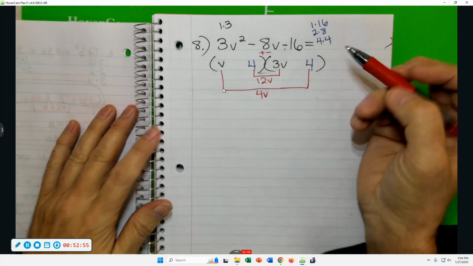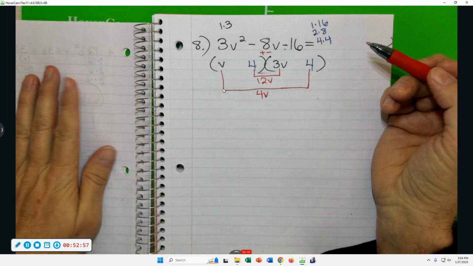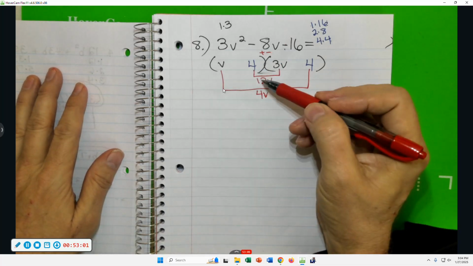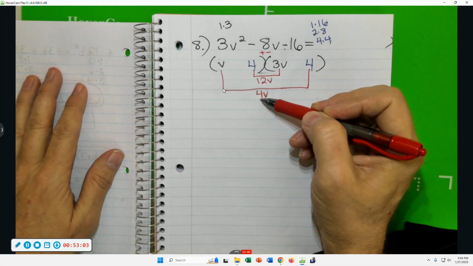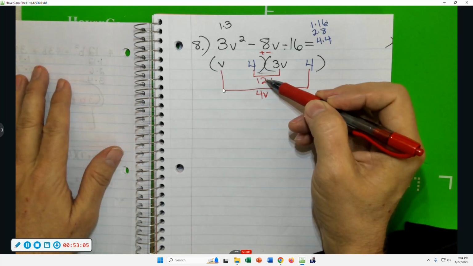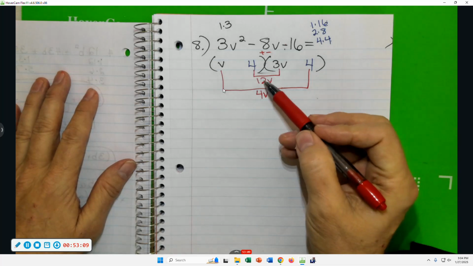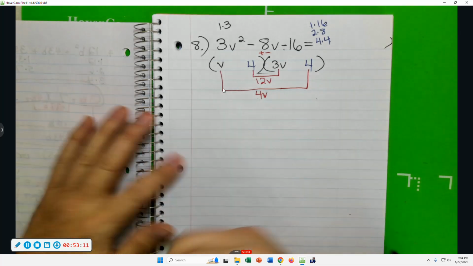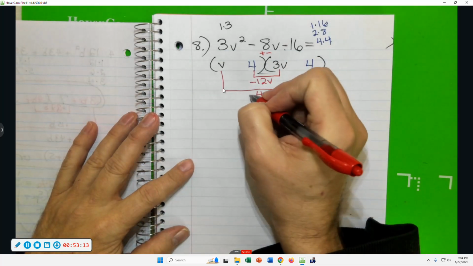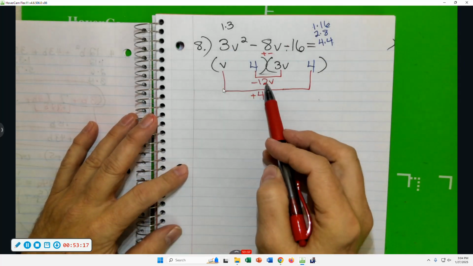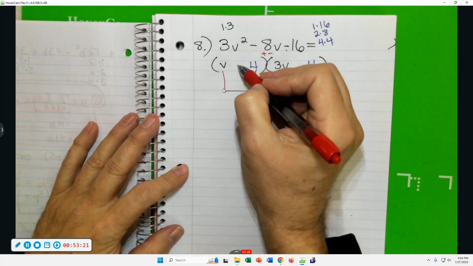Here's the factorization, except we have to figure out the signs. We want a negative 8v. So do we want a negative 12v plus 4, or a positive 12 plus a negative 4? Which one of these should be negative, 12 or 4? 12. 12 should be negative, and the 4 should be positive. To get a negative 12, we better put a negative right there in front of that 4.